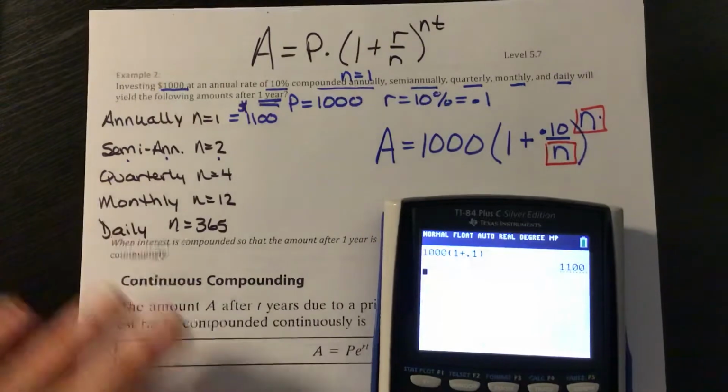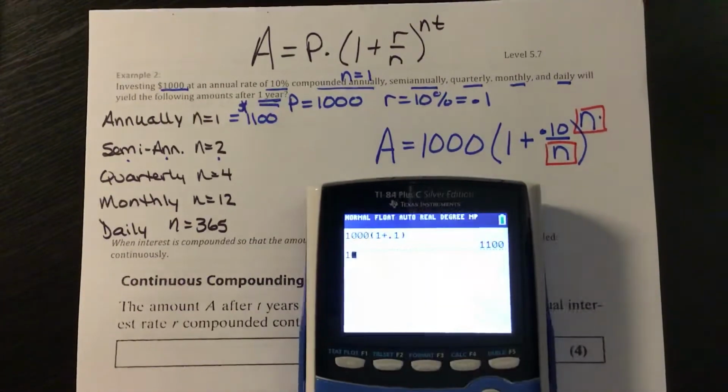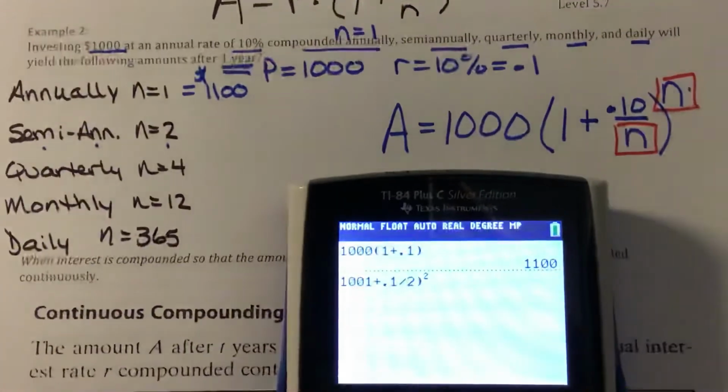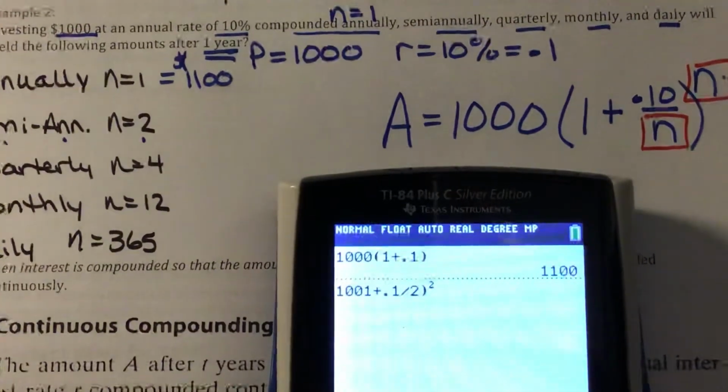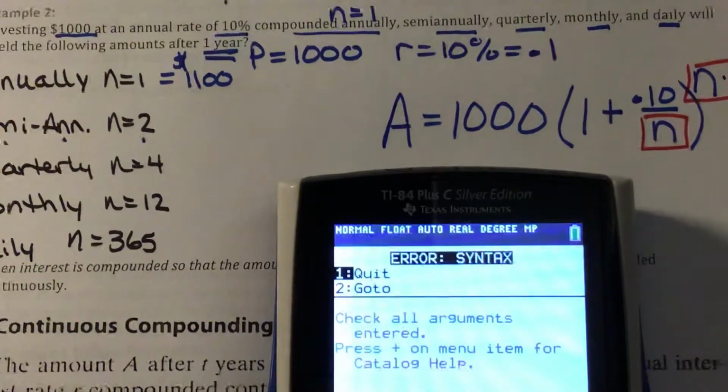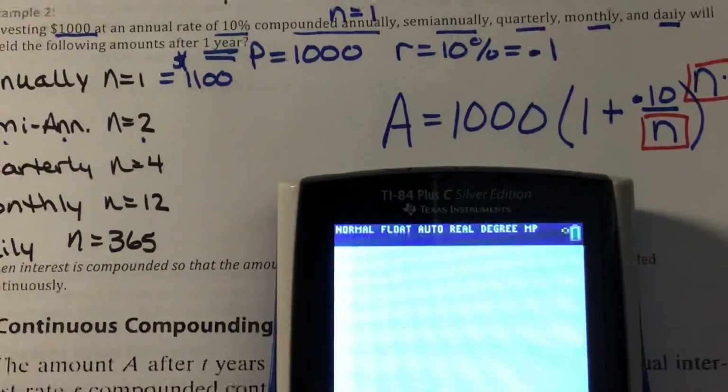Now, if I calculate semi-annually, I'm going to have $1,000 times 1 plus 0.1 divided by 2, because it's 2 times during the year, and then that's to the second power. And when I calculate that, I got an error. So what happened?